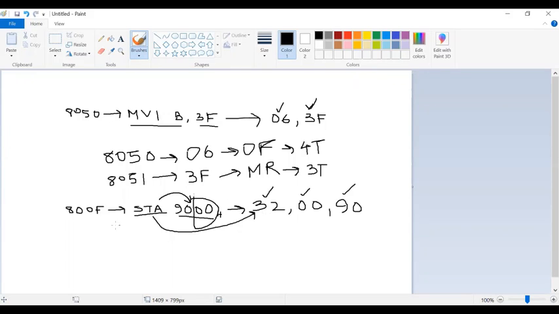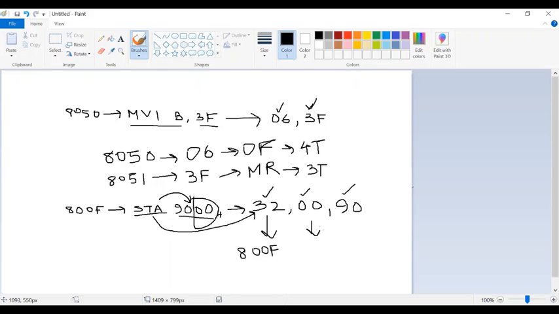If the starting memory location for this instruction is 800F, then 32 will be stored in memory location 800F. What will the next memory location be after 800F? 8010.